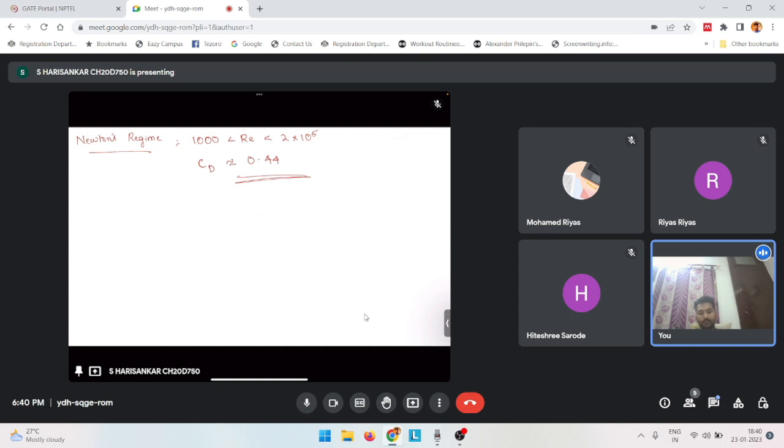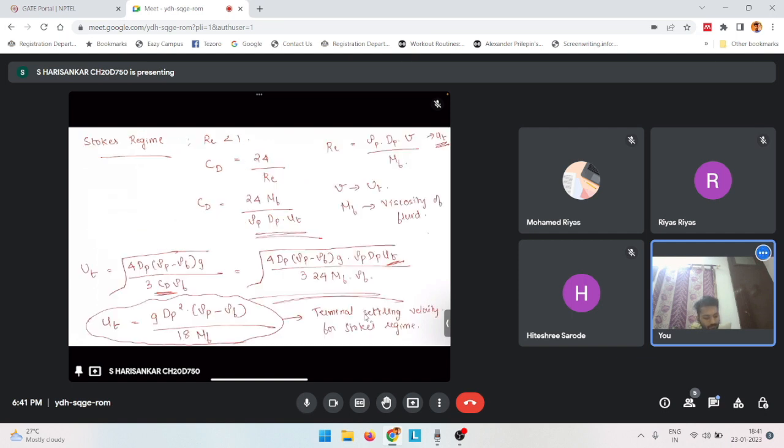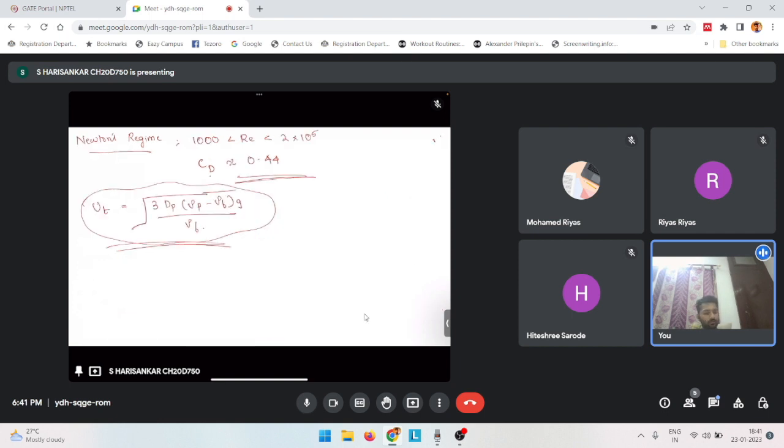We'll substitute this CD in our equation for terminal settling velocity, and it will become ut equals root of 3 dp rho p minus rho f into g by rho f. So basically we just substituted CD as 0.44 in the general equation, simplified it, and we get our equation for terminal settling velocity for Newton's regime like this.